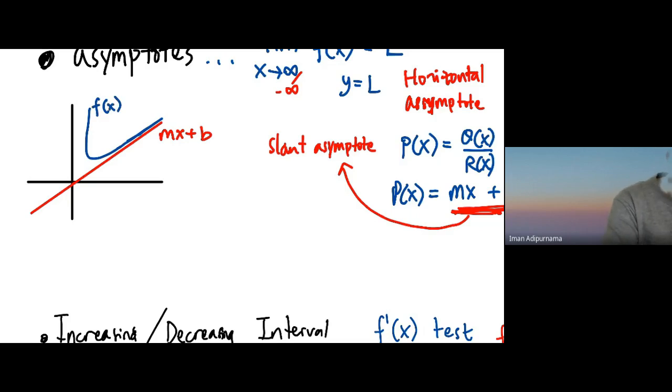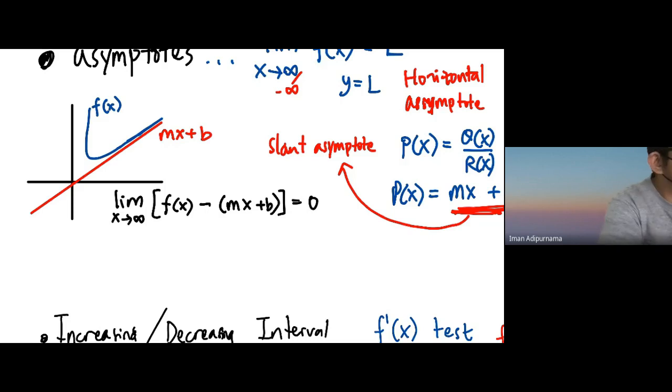The exact definition of slant asymptote is, if x approaches infinity, the difference of a function f and the linear equation mx plus b, the limit should be 0.